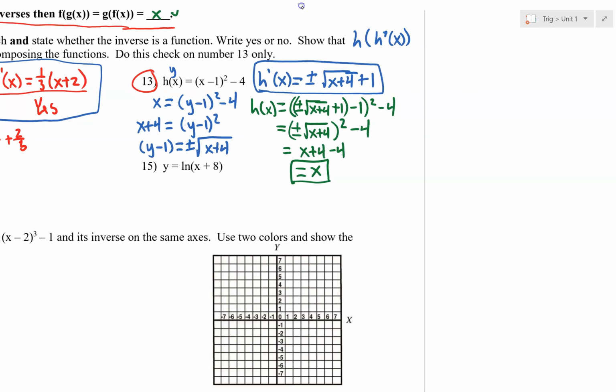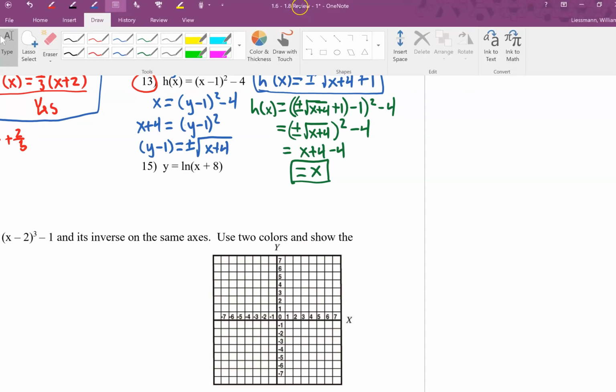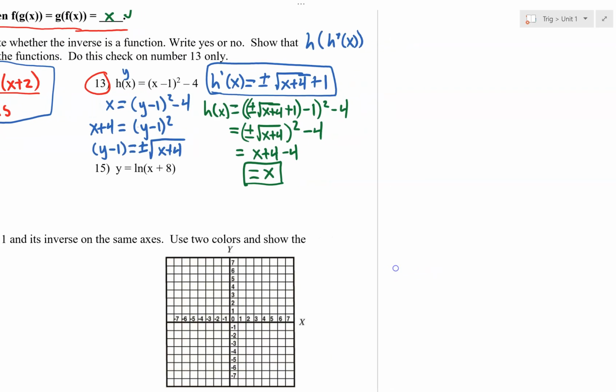I will do the second one over here on the side, but I don't know that it's necessary for you to actually write it down because we don't have a lot of room, but I'll write this one. This one's going to say h prime of h of x. It means whatever h of x is, I'm going to plug it into h prime of that. So h of x is going to be all of this stuff, and I got to plug it inside this thing and do all this math.